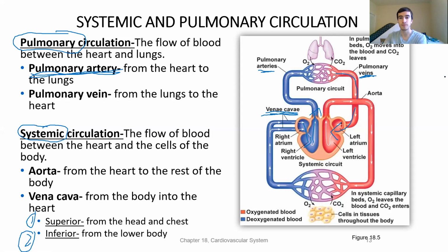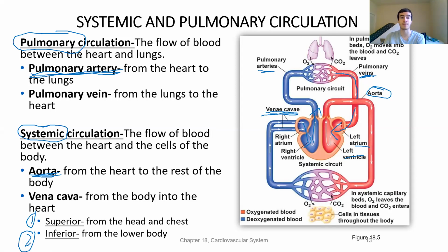And so we go from the lungs through the pulmonary veins and back into the left side of the heart. So now we have lots and lots of oxygen in our blood. It goes into that left atrium, gets pumped down to the left ventricle, and then pumped out through the aorta to the rest of the body.